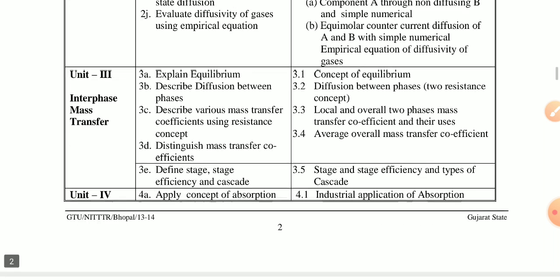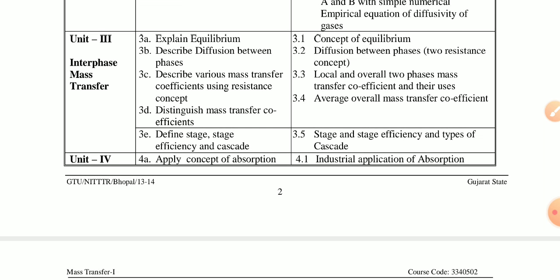Now unit number 3, interface of mass transfer. Explain equilibrium, we will define it. Then describe the diffusion between phases. It will come on the basis of different phases. Describe various mass transfer coefficients using the resistance concept and the concept of equilibrium for diffusion between phases, to the resistance concept.